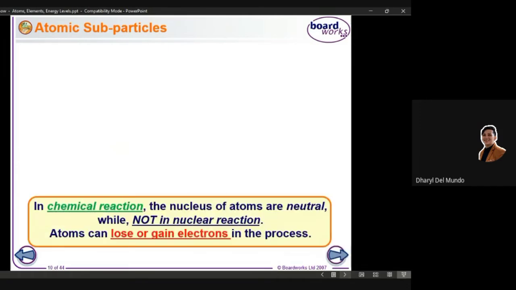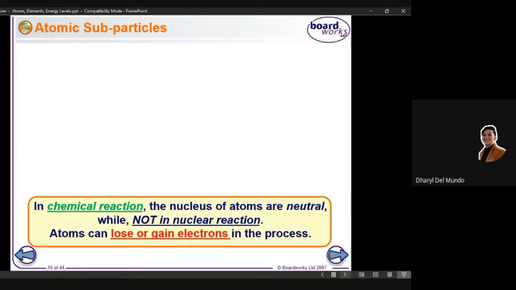And to proceed, in chemical reactions, remember this, the atoms are neutral, while not in nuclear reactions. So in chemical reactions, of course, all of the atoms that undergo chemical reactions are neutral. But in nuclear reactions, it is not neutral anymore because there's a change in weight, there's a change in the atom as well.